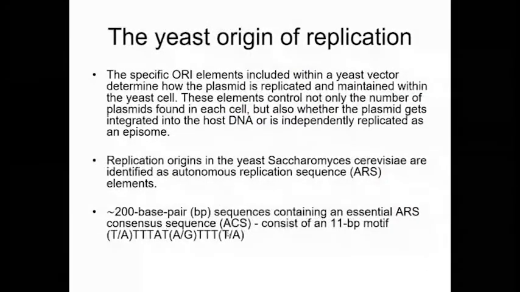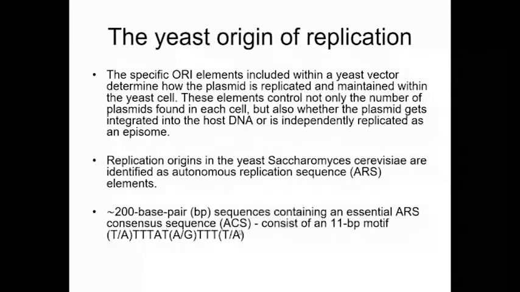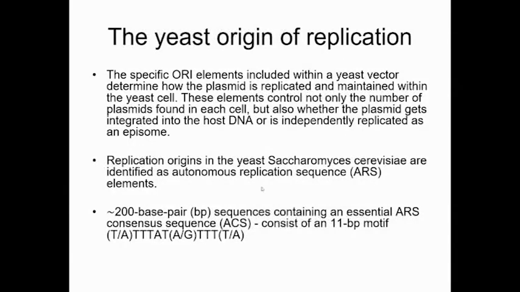And then for yeast origin of replication, okay, there's a specific origin of replication DNA sequence for the yeast cell. And for Saccharomyces, we normally call it autonomous replication sequence, ARS. It's about a 200 base pair sequence containing the essential ARS consensus sequence.